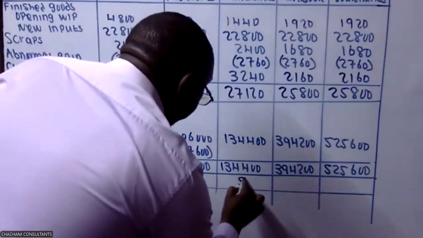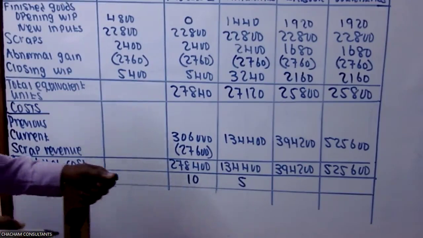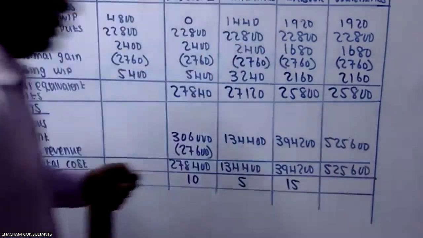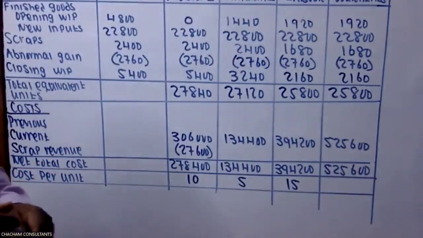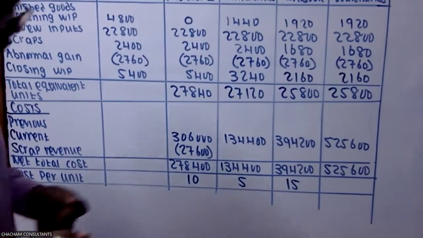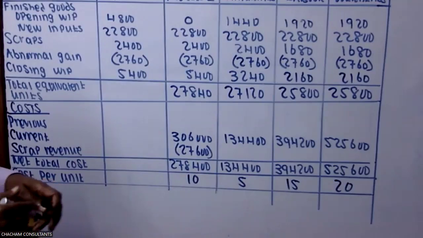Let's call it 5.39. 394,200 divide by 25,800. You can call it 15. Do not exactly balance. 525,600 divide by 25,800. You're saying 20. So we go for 20. But if you want to use decimals, no harm.